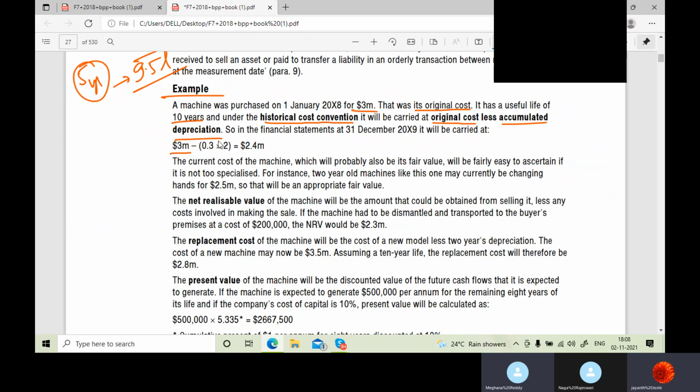So 3 million is the asset value. If you divide 3 million by 10, you get 0.3 million per year, and then 2 years, from 2008 till 2009 December. So 2008 first year, 2009 second year. 2 years depreciation you are removing. This is your carrying value. This is the way you show your asset in your books when you measure your assets at historical cost.